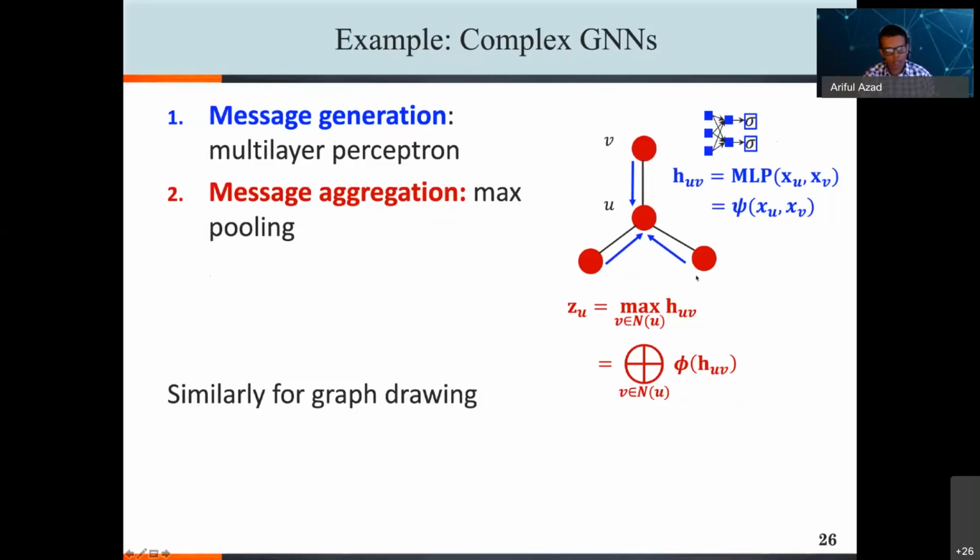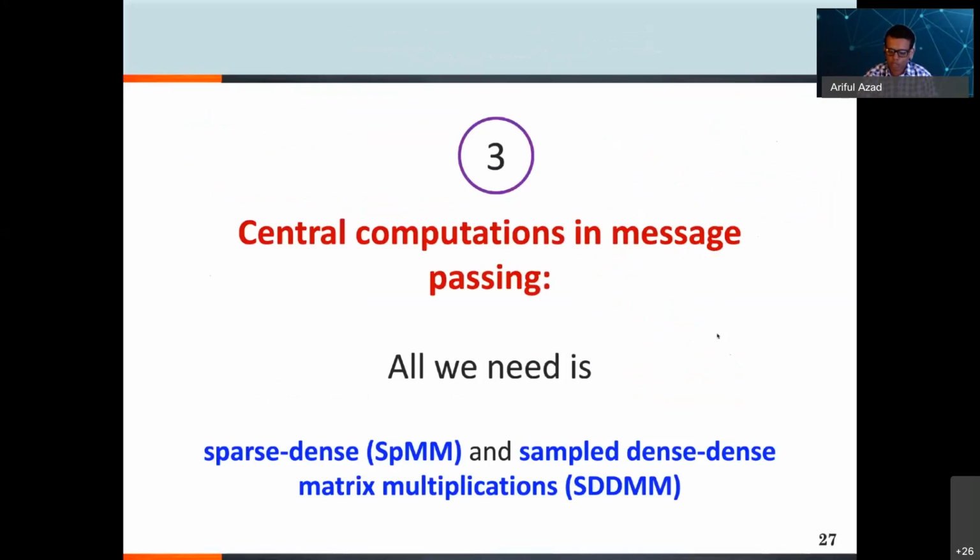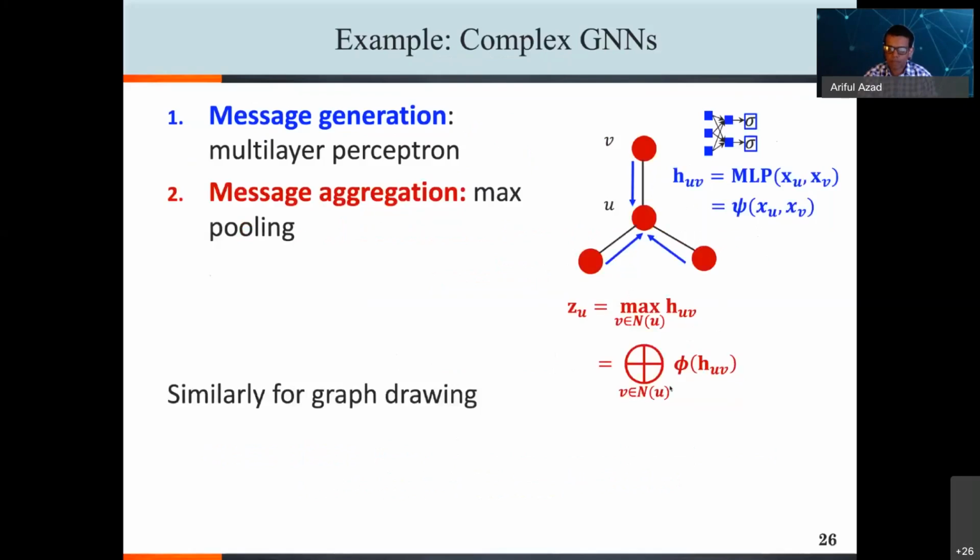And then we can combine them by using our aggregator, which can be max if I use max pooling or whatnot. So long story short, no matter how we embed, it can be captured by a message passing framework that has two steps: message generation for every edge, and then aggregating those messages in vertices.